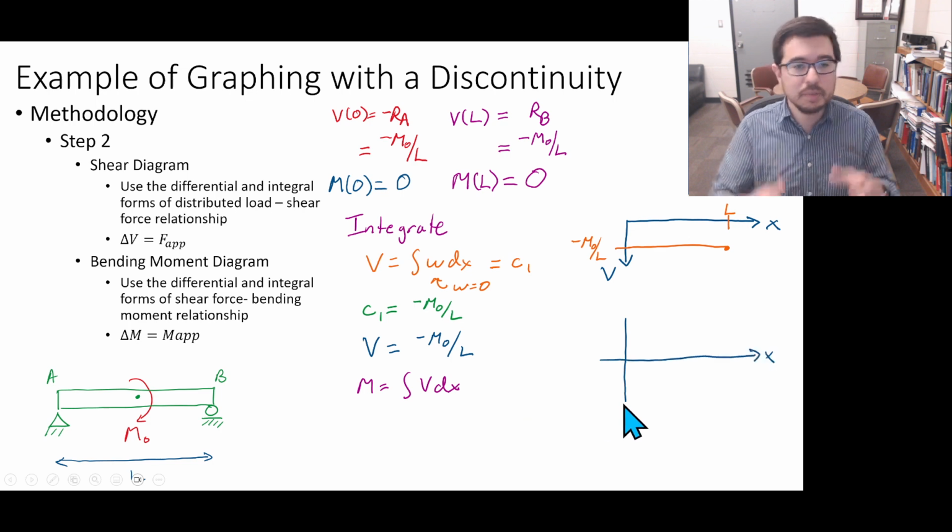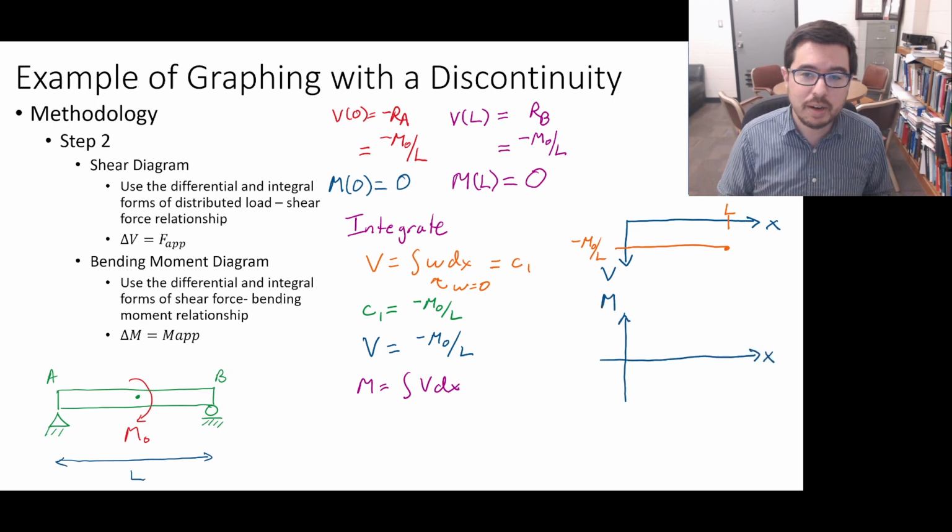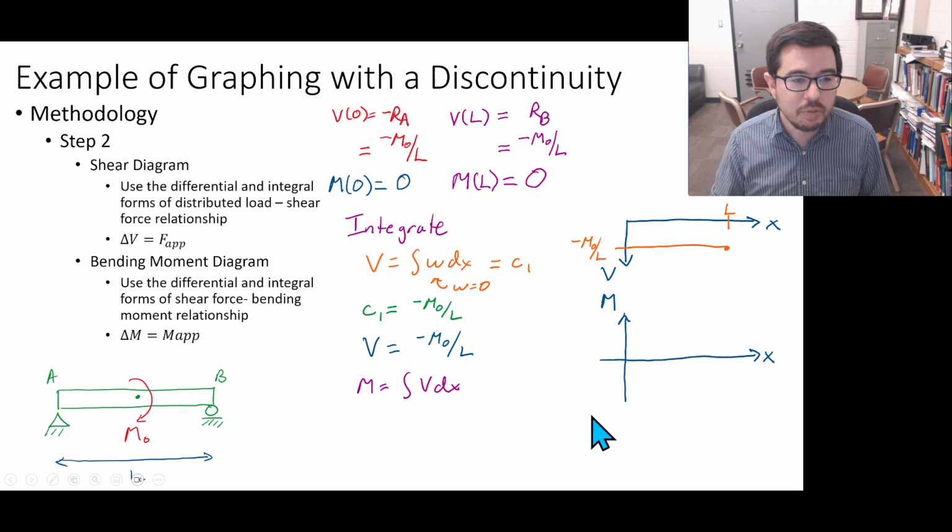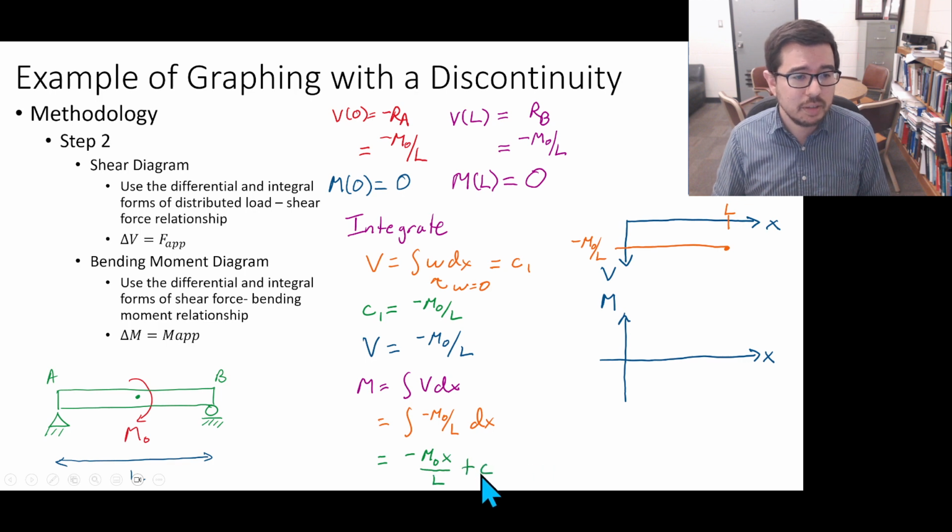We go ahead and start putting down our axes. We know that V is equal to minus M naught over L. We're going to integrate this expression, and we're going to have another constant, let's say plus C, that will allow us to apply our boundary condition.